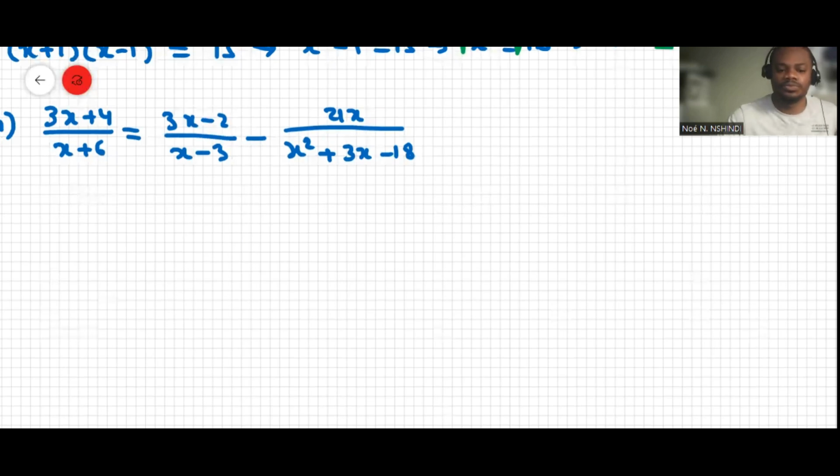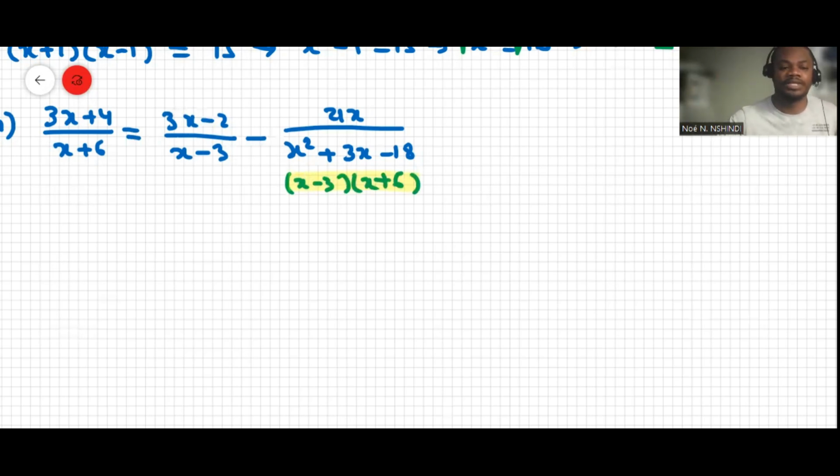Then I'm going to factorize this here. That makes x, like that, x there. And then the factors of 18 that can make a sum equal to 3 are 6 and 3. And it's possible if it's a -3 and a positive 6. So the LCM then will just be this one, okay?